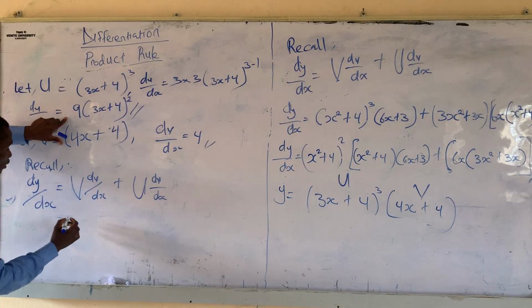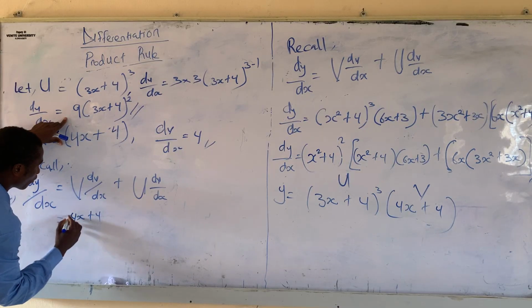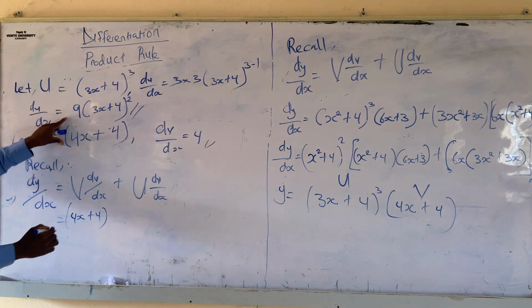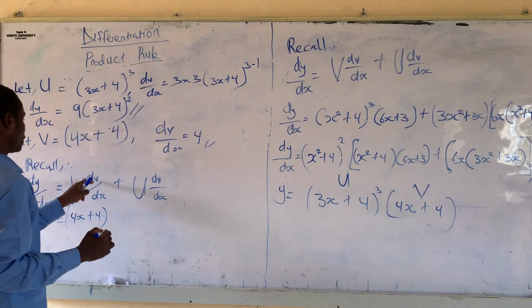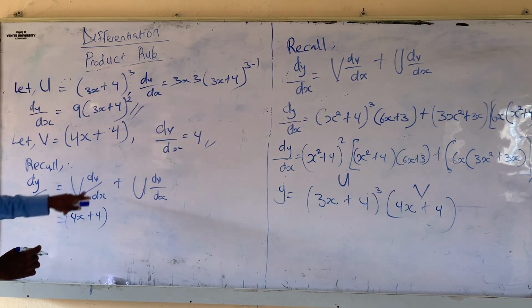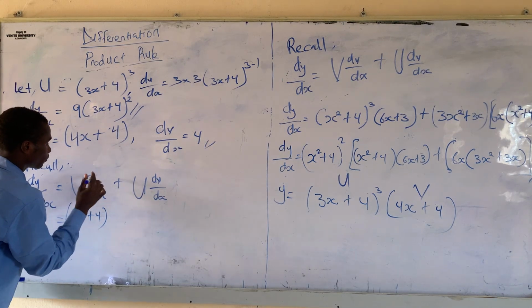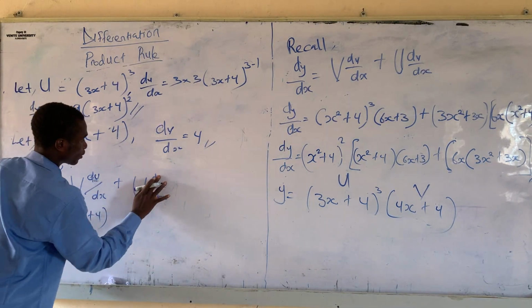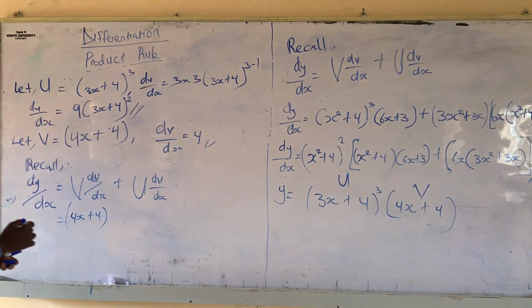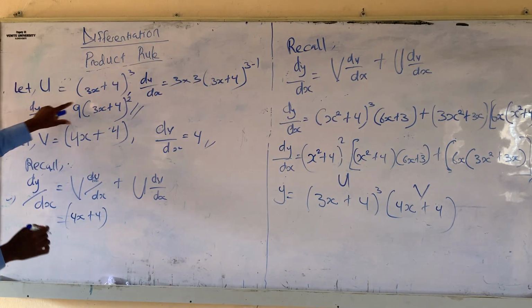Our v here is 4x plus 4. Then our du, not the v, is du. This one is the v. So now du over dx here is what?